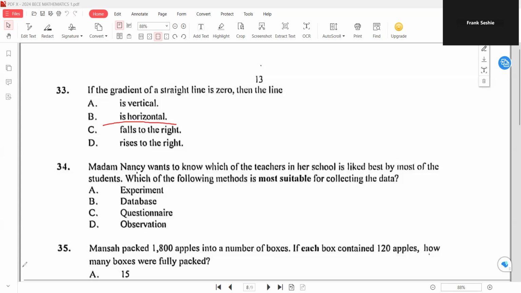Mostly the best way out here is the questionnaire, because observations may be deceptive, and experiments would be too tough a procedure to use. But questionnaire is the right answer.